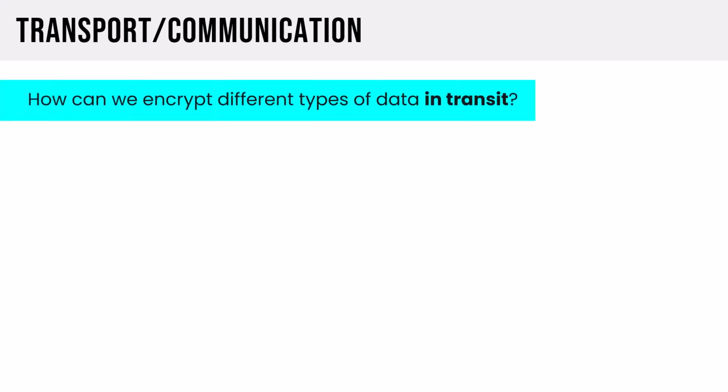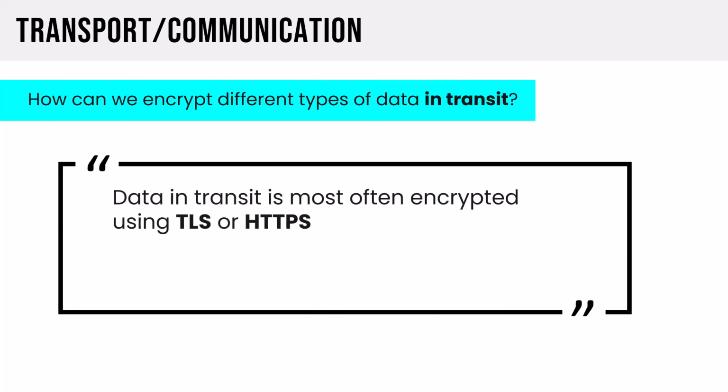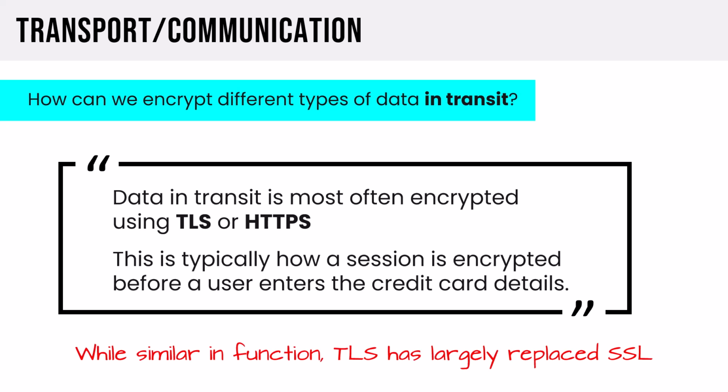The syllabus mentions transport or communication. We're talking about data in transit. Data in transit is most often encrypted with TLS or HTTPS. This is typically how a session would be encrypted before a user enters credit card details in a web transaction, for example. And while similar in function, TLS has largely replaced SSL.